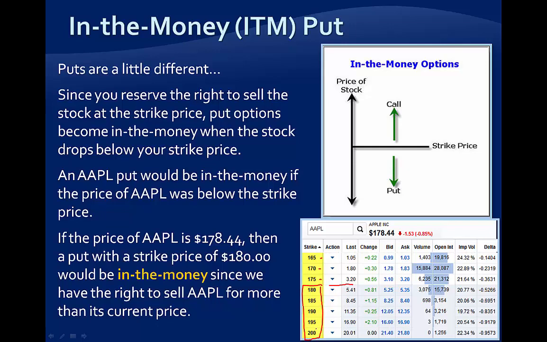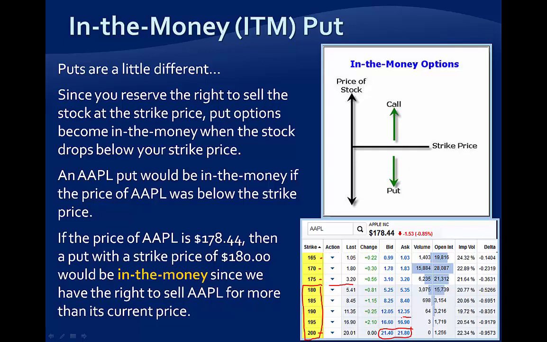And you'll notice, take a 200 strike put. Somebody that owns the 200 strike put has the right to be able to sell the shares for 200. If you can sell the shares at 200 and it's only worth 178.44, that's in the money by almost $22. So notice it's $21 basically. Notice it's trading for that intrinsic value.